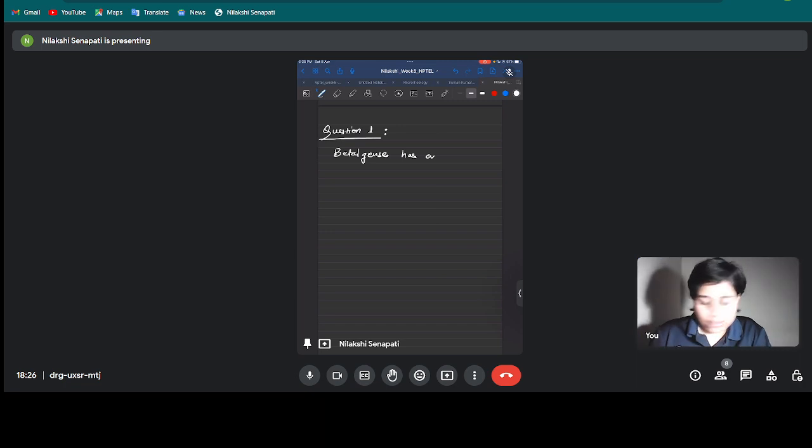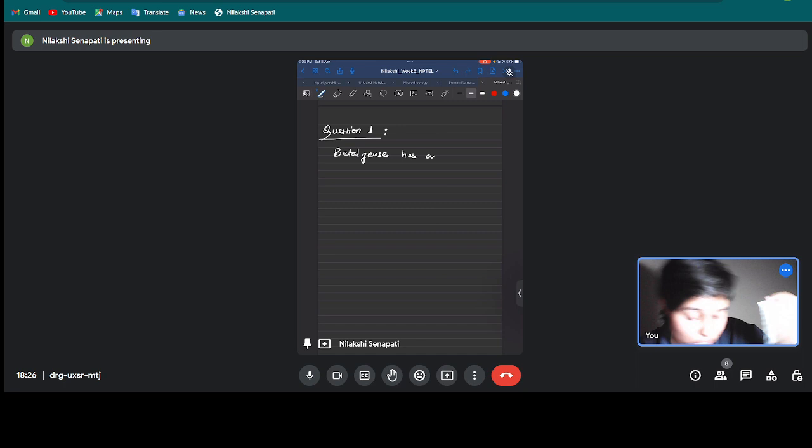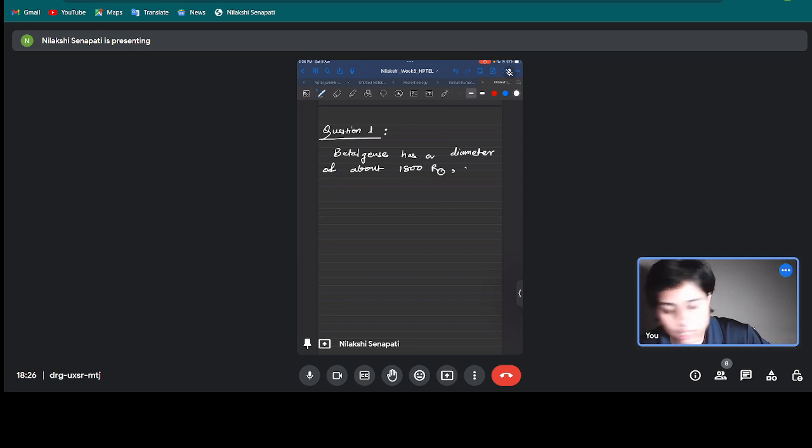All right. So the question is: Betelgeuse has a diameter of about 1800 solar radii and a distance of d equal to 220 parsec.